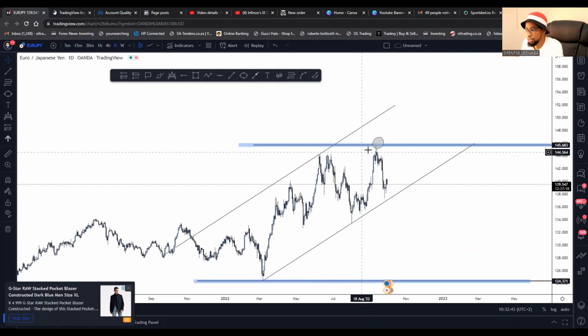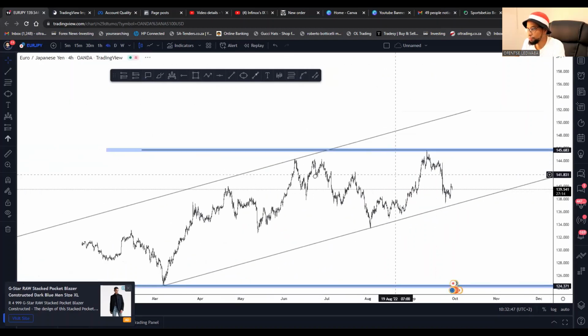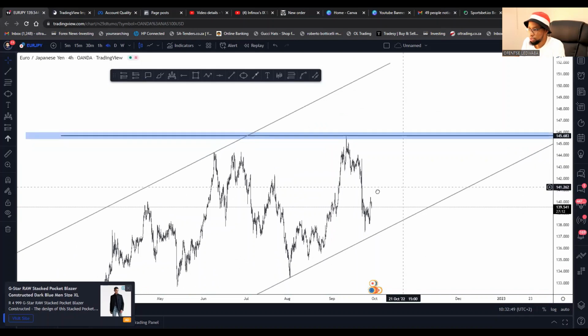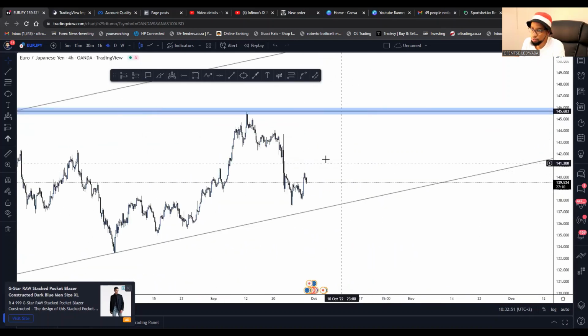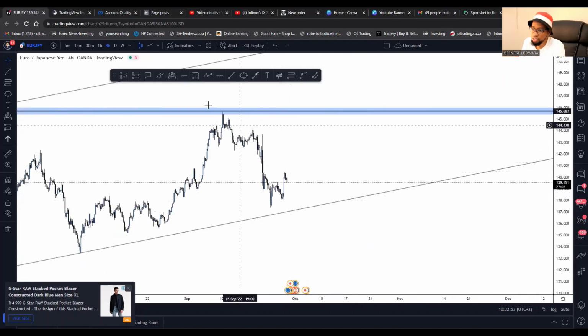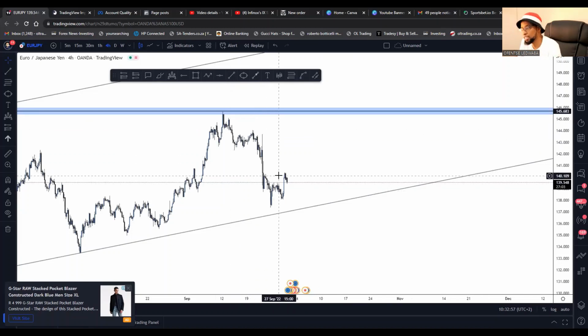So let's dive deeper. Now I'm going to go to the 4-hour time frame. You see that on a higher time frame it shows as a retracement, but if you look at it on a smaller time frame, you look at it as a trend.